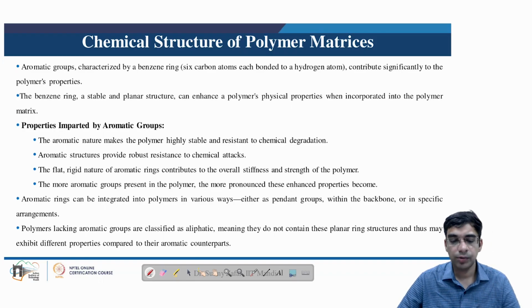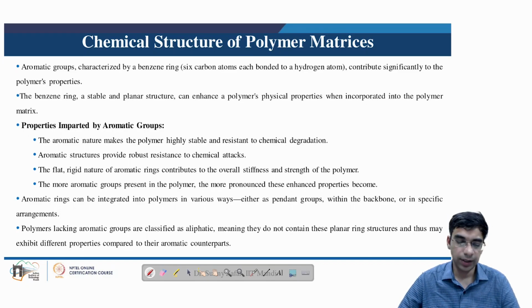Aromatic structures also provide an overall rigid nature, which provides stiffness and strength to the polymer. The aromatic structure present in the polymer can also occur in different configurations, maybe like a pendant or a backbone in a specific arrangement.